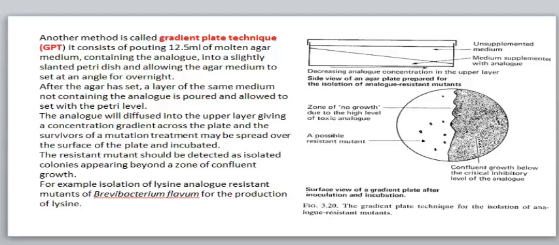Similarly, we can also isolate protease-containing bacteria. In this condition, we add a protein source, albumin, in the bottom medium, and the similar process is repeated, and after 48 to 72 hours we find the colonies of that bacteria.